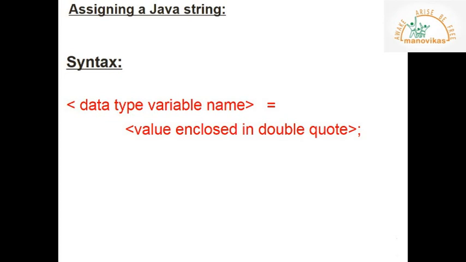If you enclose it in single quotes, it becomes a character. When you enclose it in double quotes, it becomes a string. Even if it is a single alphabet, if you put it in double quotes, it will be considered a string. Finally, the statement ends with a semicolon.